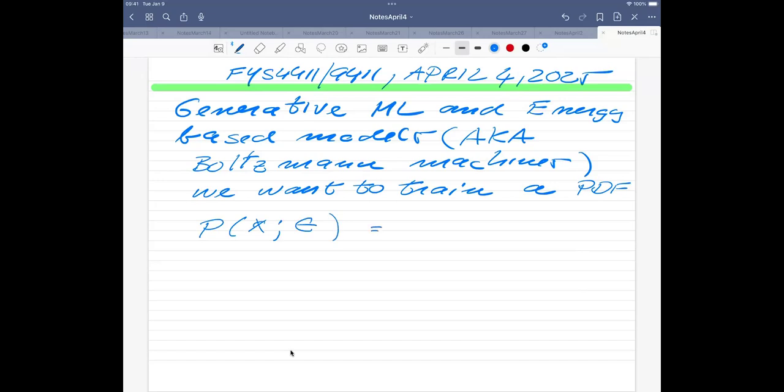And this is going to be given by some function e^(-βE). If we use the Boltzmann distribution, β is just going to be the inverse temperature, but we are going to put that to 1 because we're not going to use temperature. And then we have a partition function, which is a function of the parameters only.